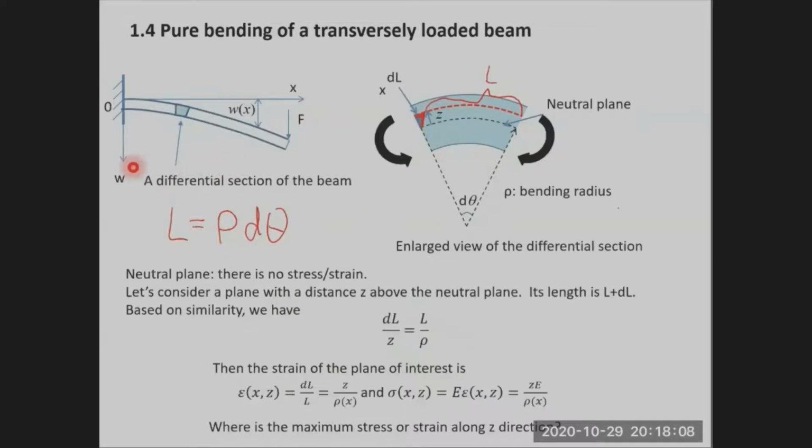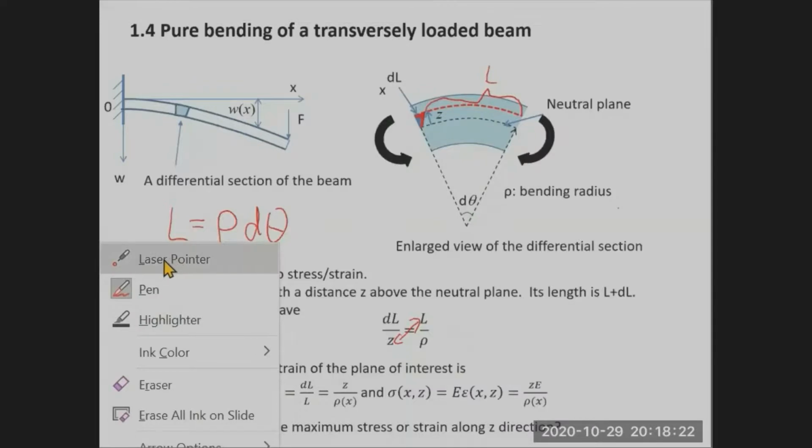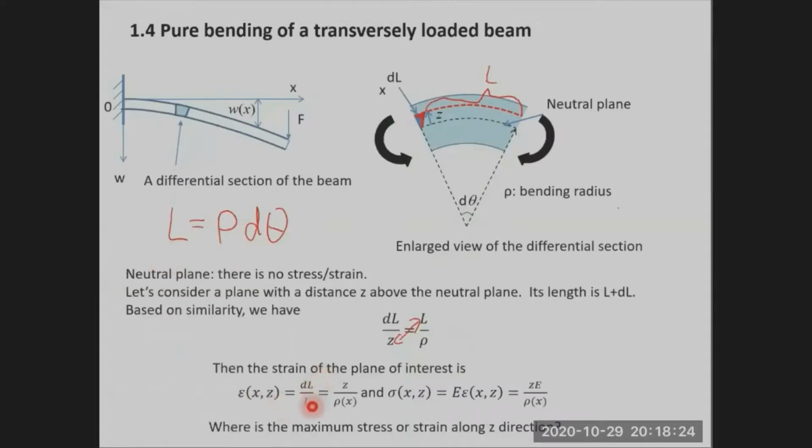And then we can switch L and z, so the left side becomes dl over L. We just discussed this a moment ago: dl over L is the mechanical strain.